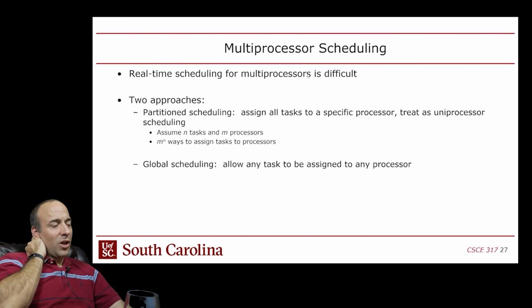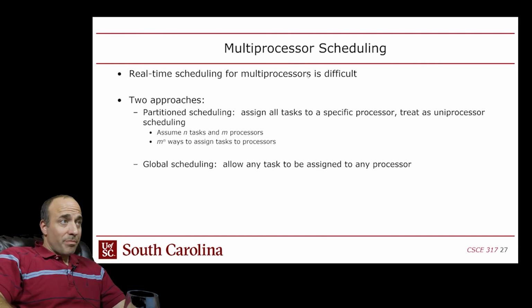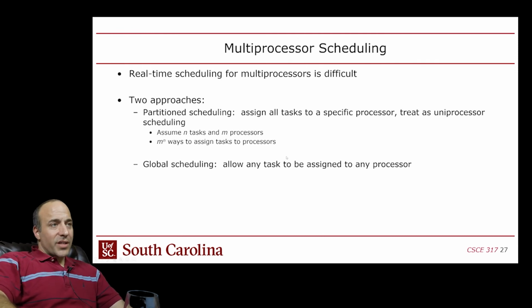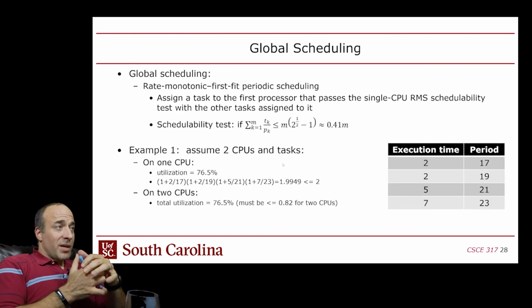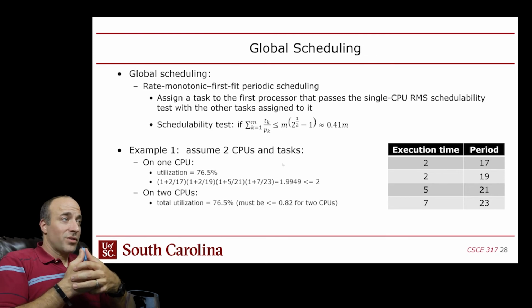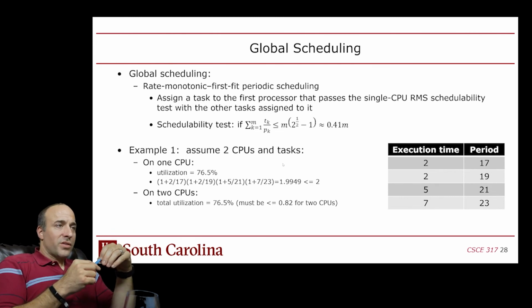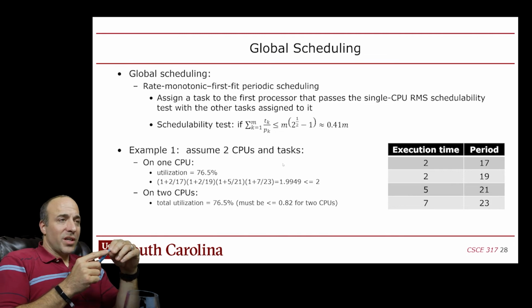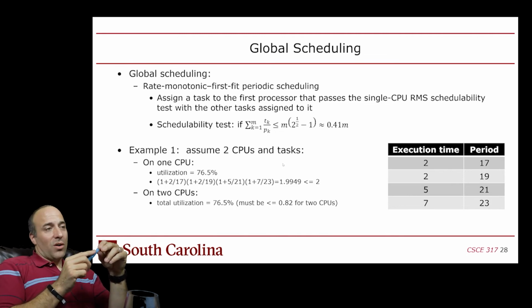Another approach is global scheduling, where you allow any task to be assigned to any processor based on the edict given by the algorithm that you're using. So I have an example here for you. I found one global scheduling algorithm called rate monotonic first fit periodic scheduling. You assign a task to the first processor that passes the single CPU RMS schedulability test with the other tasks that are already assigned to it.